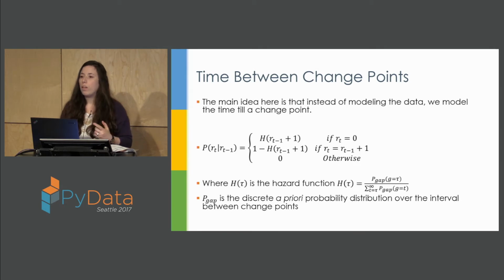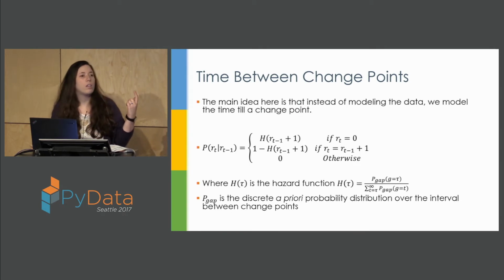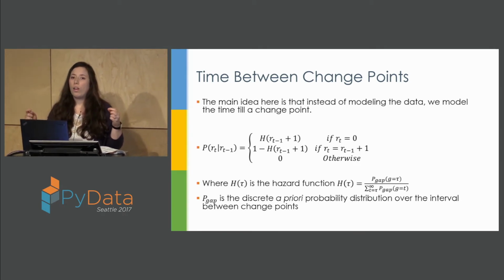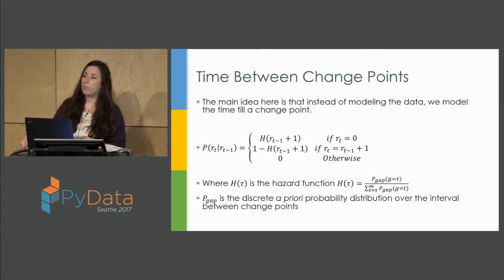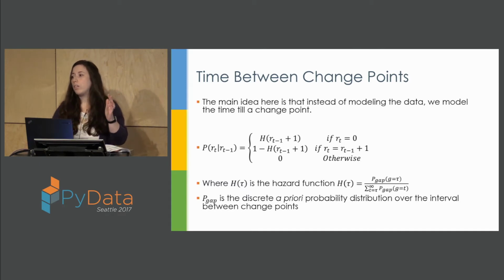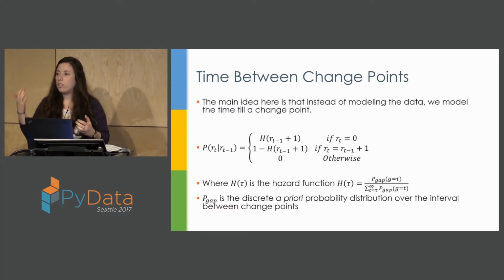The first point always, so we're modeling the number of observations until a change point. When you have a change point, you will have had 0 observations until a change point, because right now we're at a change point. So the first observation is always going to be a 0, right? Right now we don't have anything prior, so it's going to be a change point.